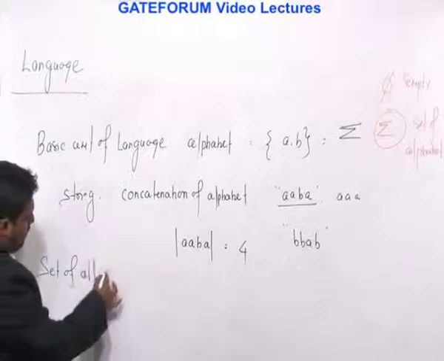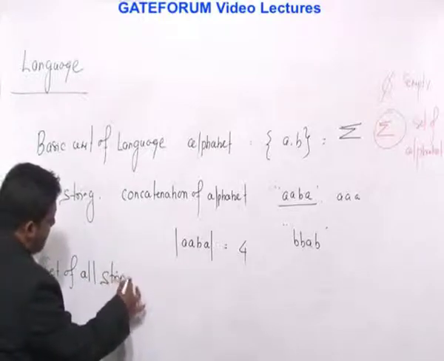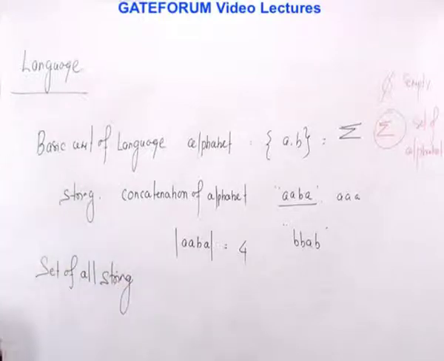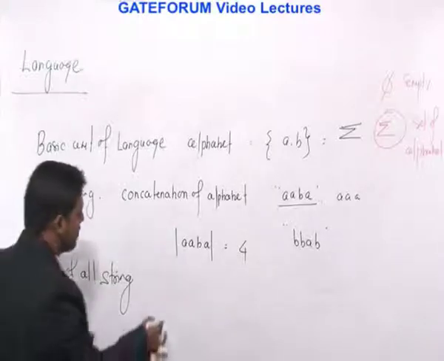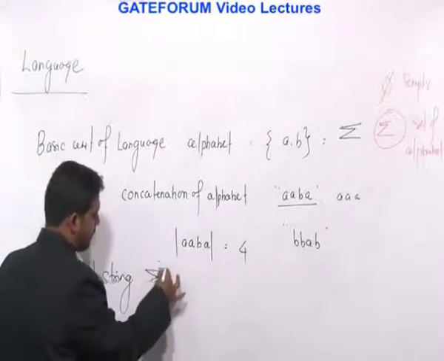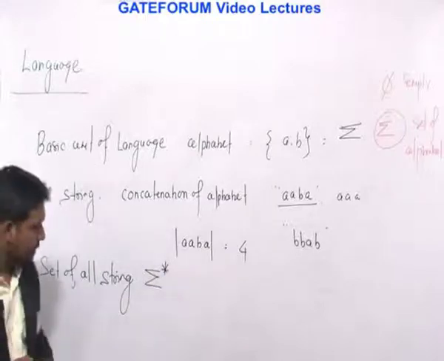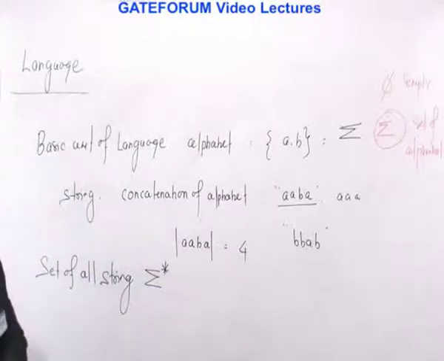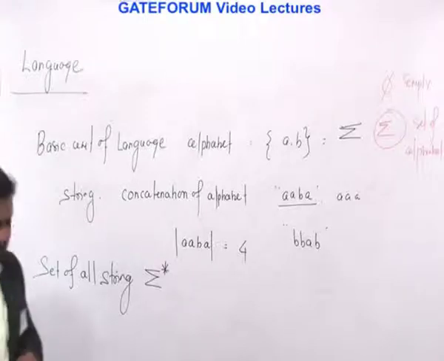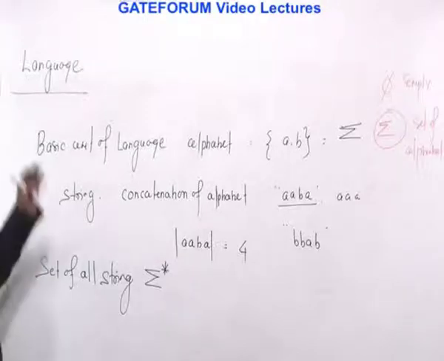Next is the set of all strings. The notation is sigma star. I want to write the upper part of it.